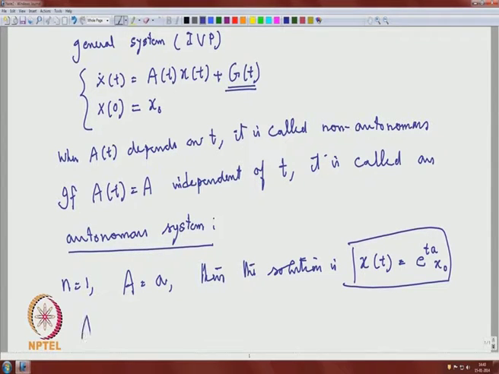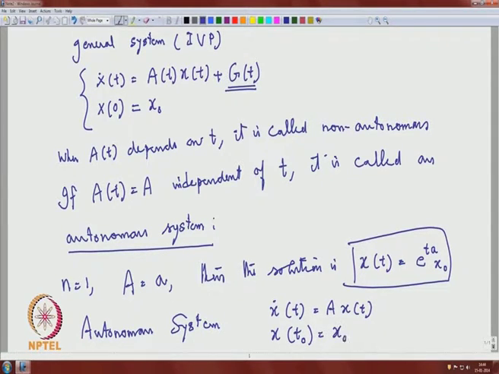What is our autonomous system? It is x dot of t is equal to A x(t), where A is independent of t, which is the more important thing, and you study the initial value problem with initial value x naught, which is also a vector. This system we are always going to refer to as 1. The important point is that in system 1, A is independent of t.